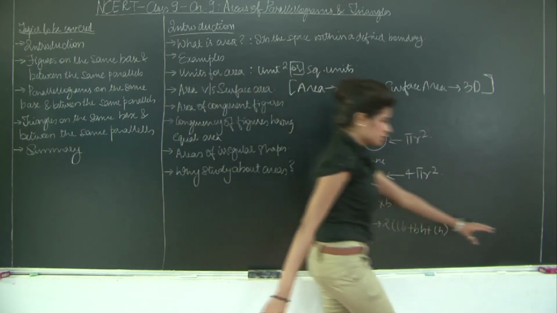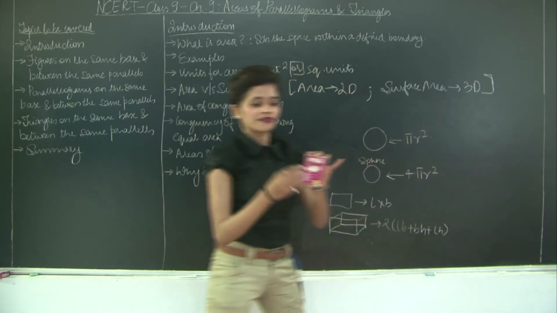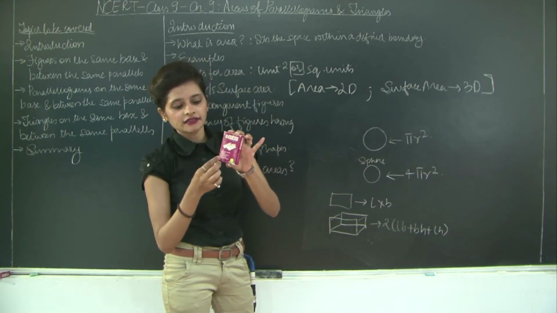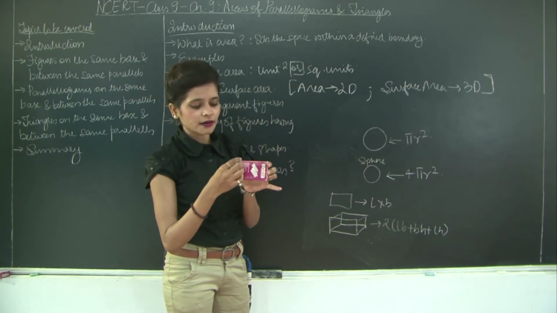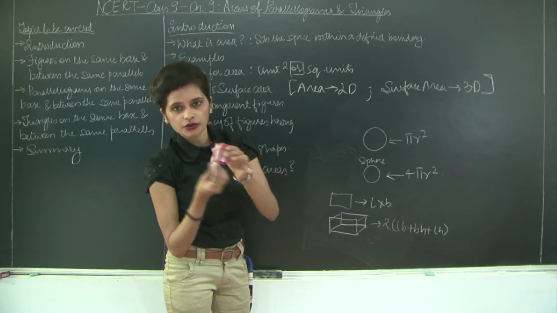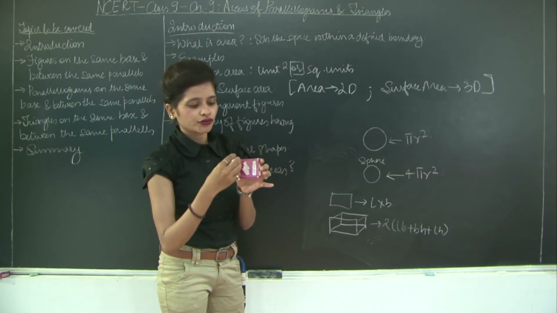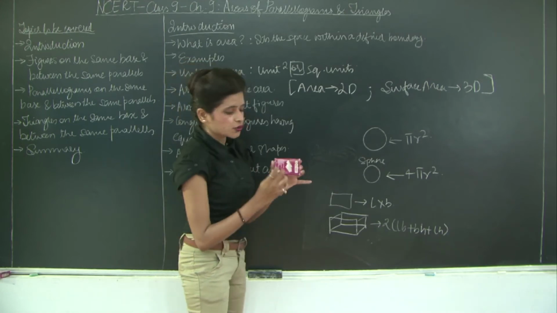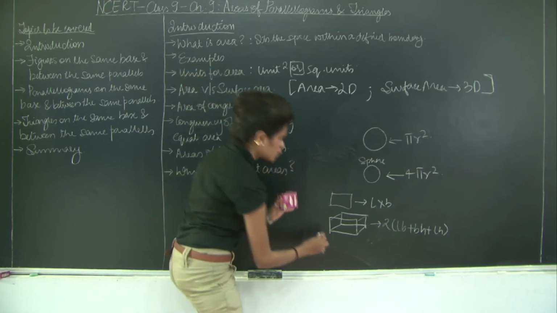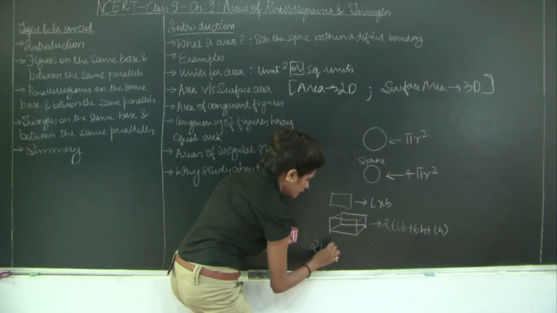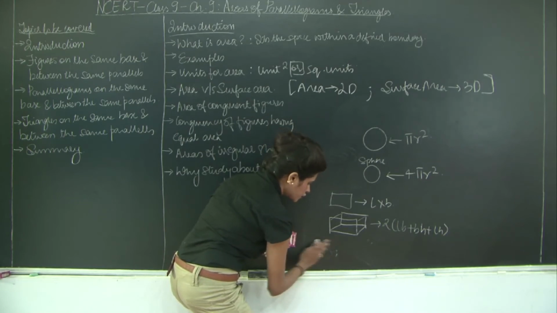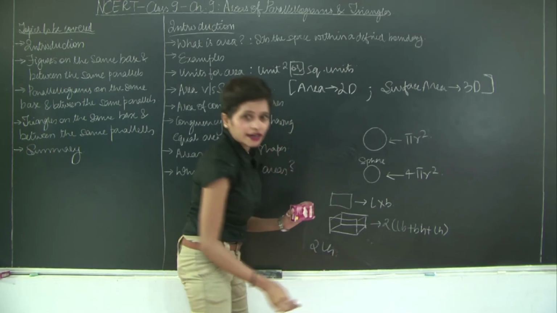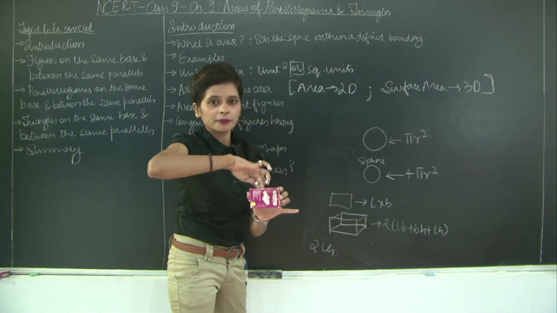Now, if you notice this box itself, let's say this is the length, this is the breadth out here, and this is the height. So, if you see the first surface, you have two similar surfaces, right? So, this would be length into height. So, 2 times LH, for the front face and the back face.